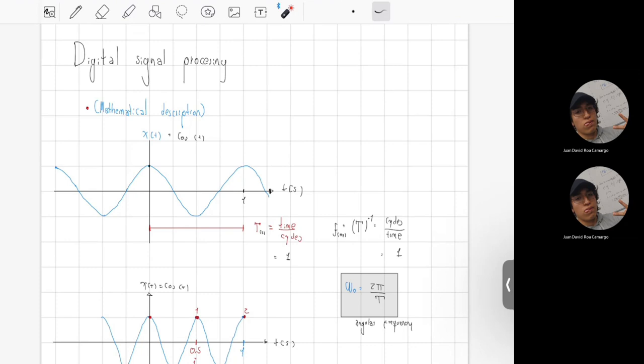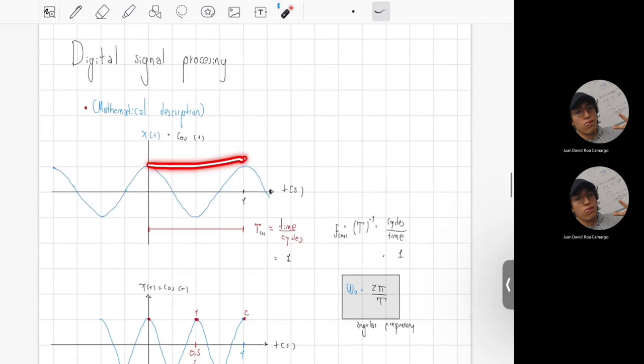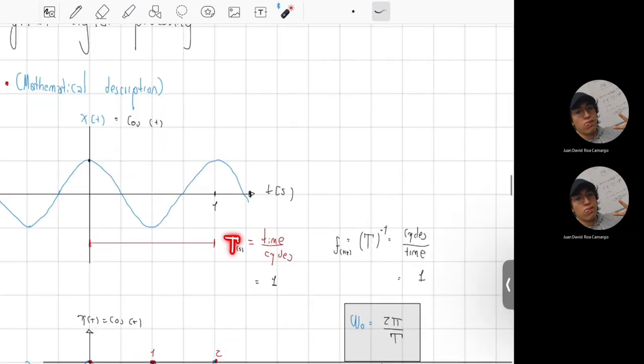So let's consider the signal. It's not this one, but the main idea is this one. We have a sinusoid signal that repeats itself each second, and that second describes our period.